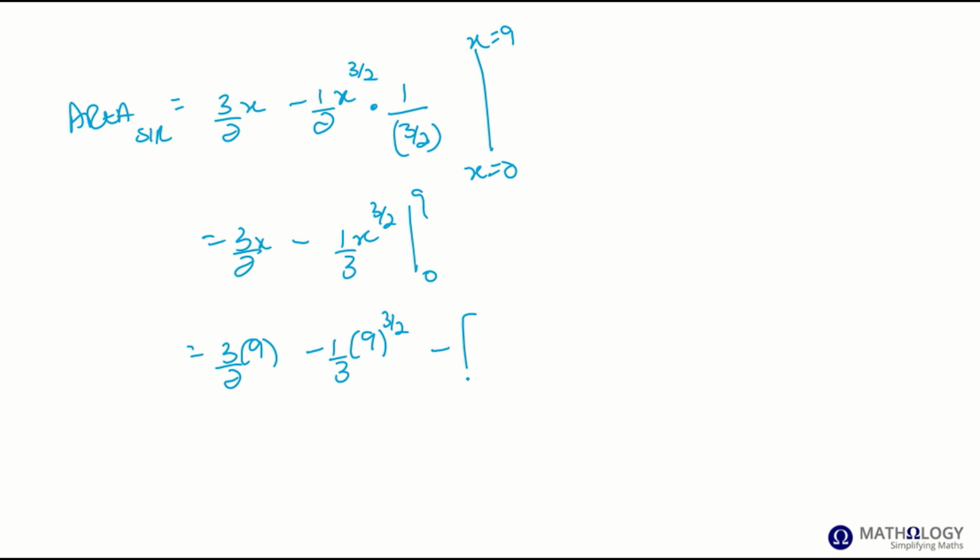We don't have to write out the x equals 0 part, as both of these terms just fall away. That's 27 over 2 minus a third times 9 to the 3 over 2. 9 is 3 squared, and 3 squared to the 3 over 2 is 3 cubed, which is 27. So 27 over 2 minus 27 over 3, which is 9. 27 over 2 minus 9 is 9 over 2. So that is the area of the shaded region.